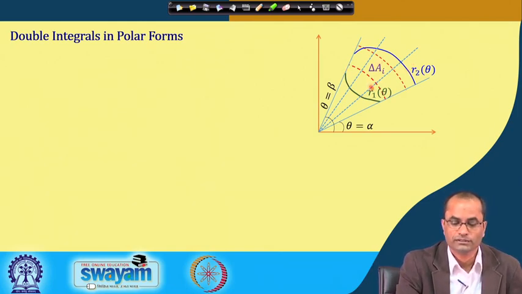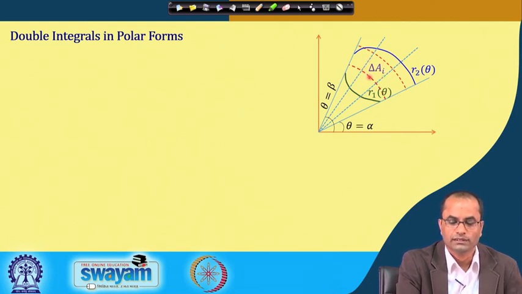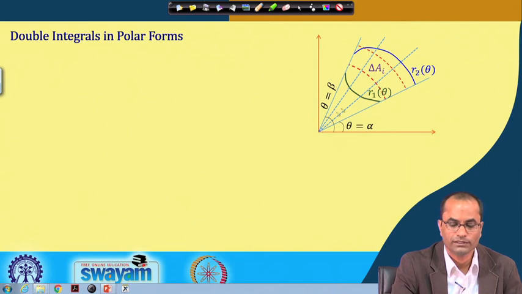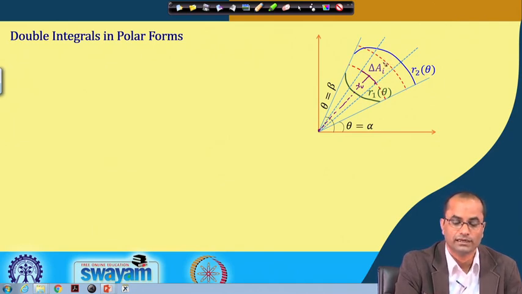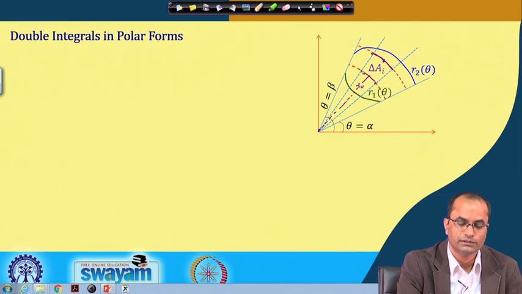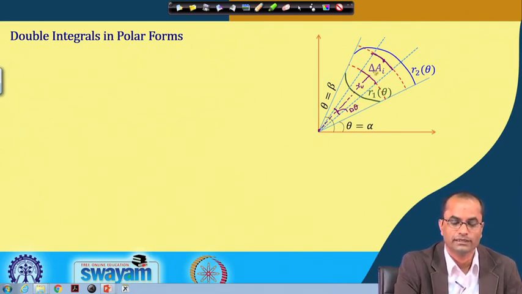Suppose we discretize this domain, similar to the Cartesian one, into smaller cells, and let us consider for instance this cell which we are calling delta A I. For this cell, the radius from the origin to any point on this line is r I, and then we take an increment in r I by delta r I to reach the other radius, r I plus delta r I. Similarly, the angle which we trace to go from here to here is described by delta theta.